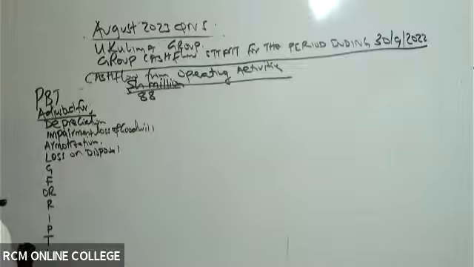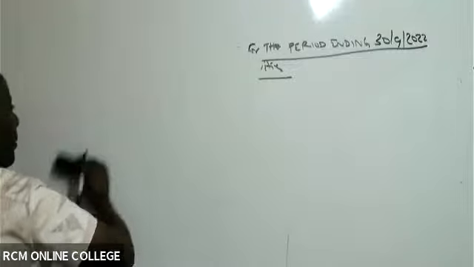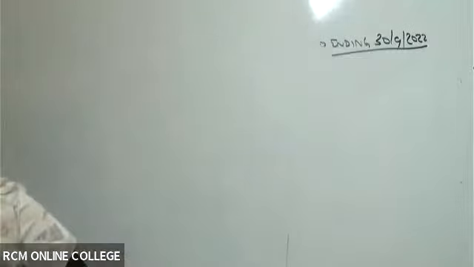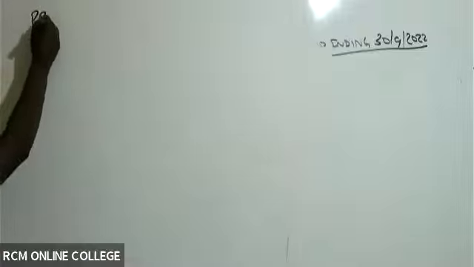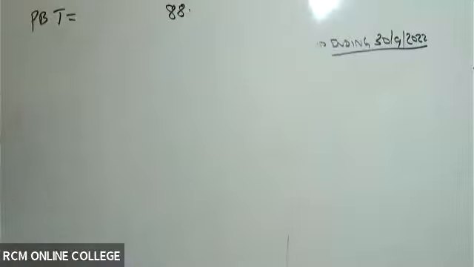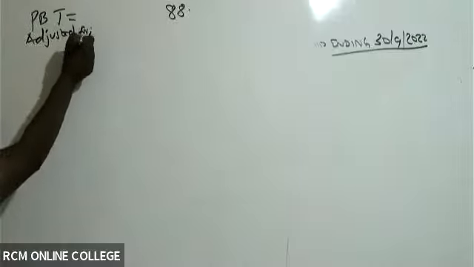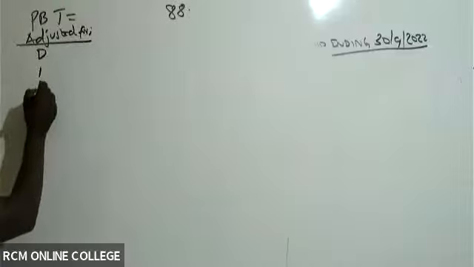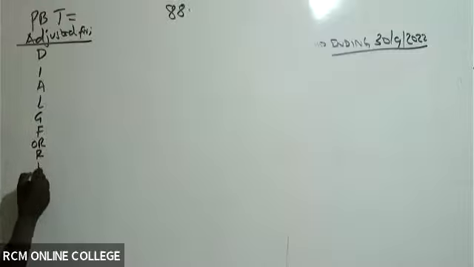Just allow me to write this. So we have here our profit before tax of 88 million, and then we are saying adjusted for. We have here dial, God's number for food, or you rest in peace totally, indefinitely.